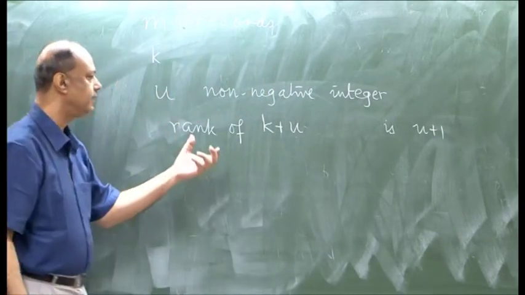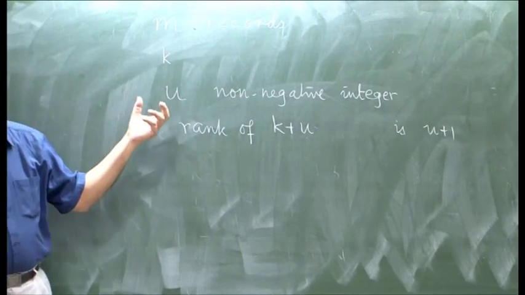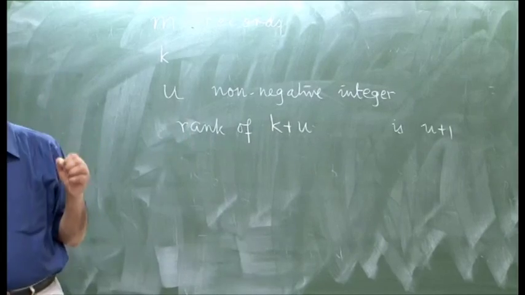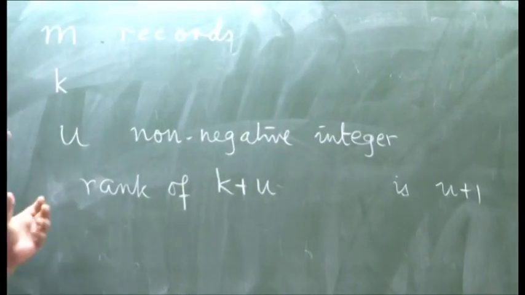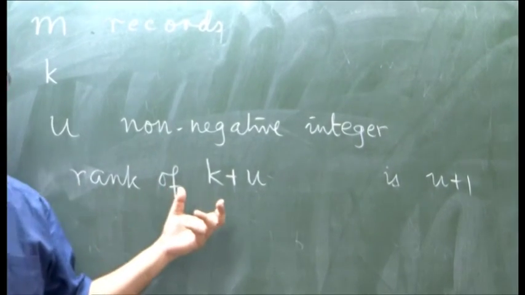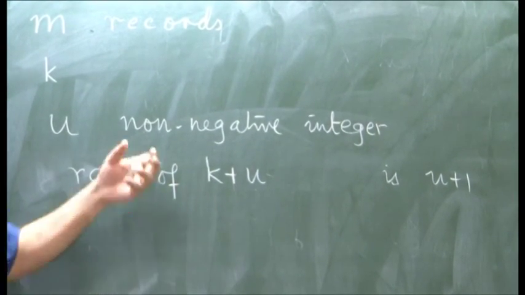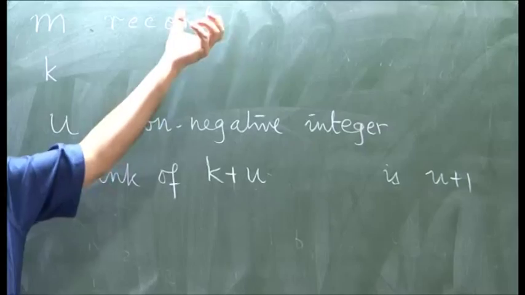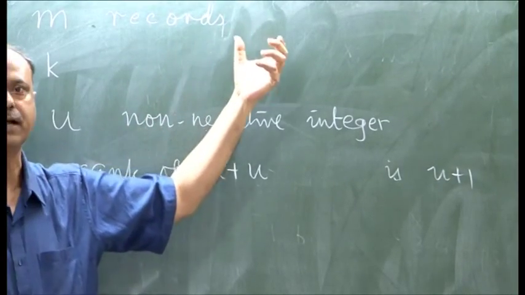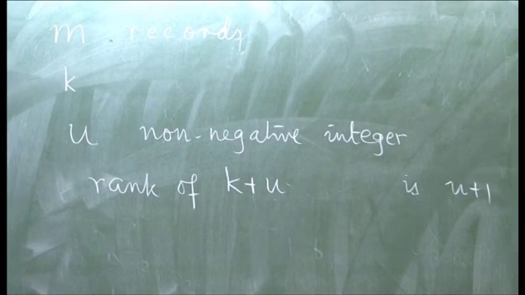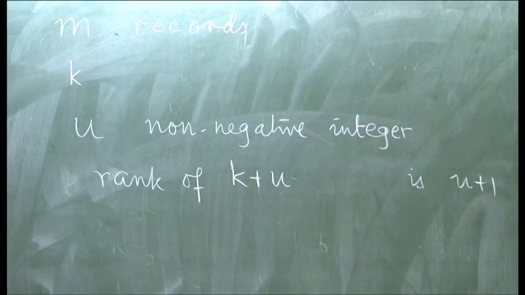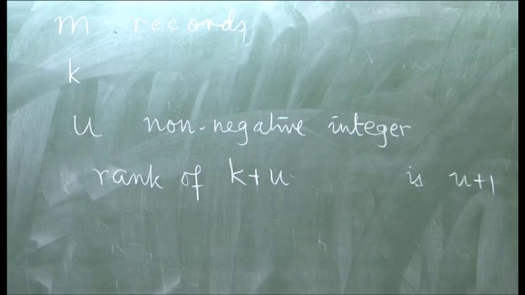What it means is that you have to find a u which is a non-negative integer such that, if I insert k plus u in the m records, its rank is u plus 1.